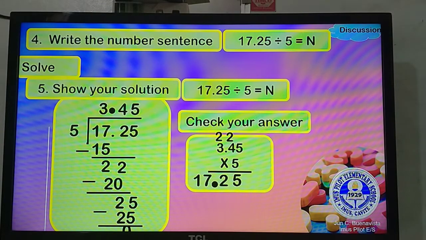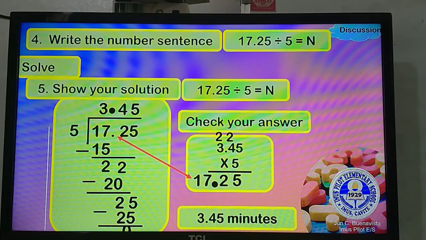And look at your dividend. They are now the same. So in other words, your answer in your solution is correct. So now, the answer for the problem is 3 and 45 hundredths. Can you follow? Okay, very good.